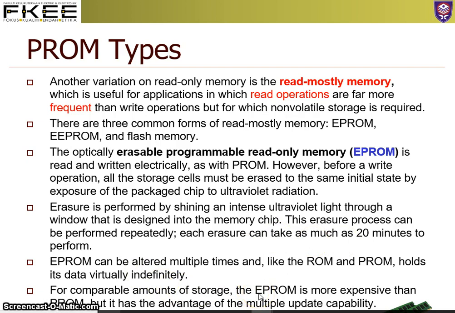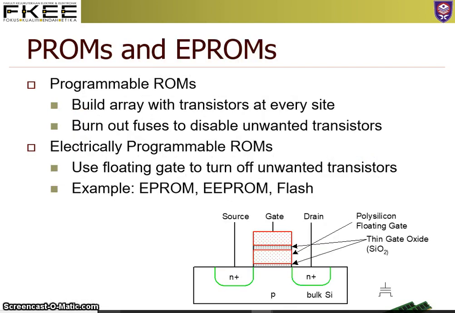The advantage is you can change the data inside it. So this is the floating gate just now. For the regular transistor, you don't have this. You only have one gate, but for this you have a gate, and in between a very thin gate outside, so the gate is some sort of floating. With that you can lower the threshold and you can store the data inside this, and then you can erase it.